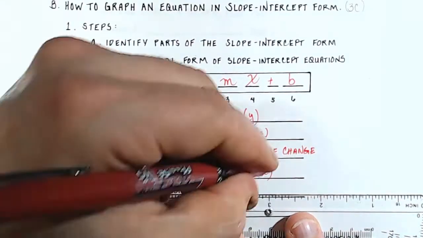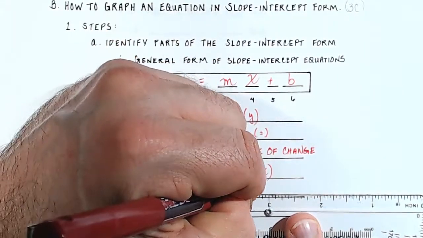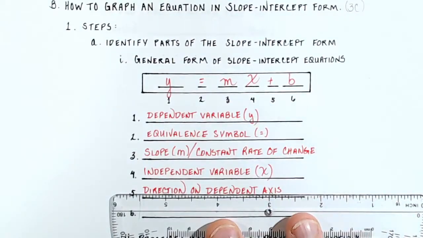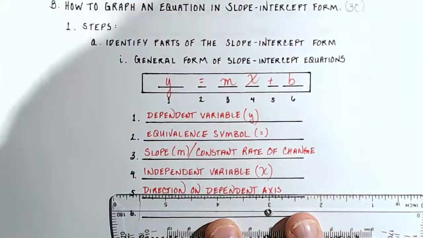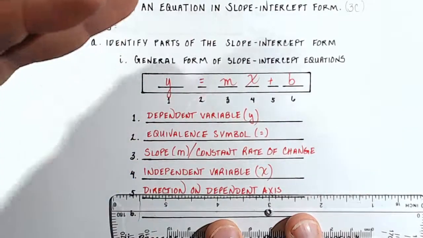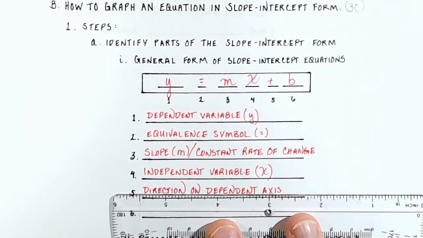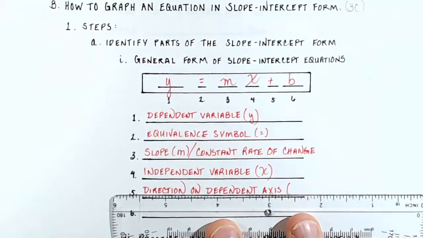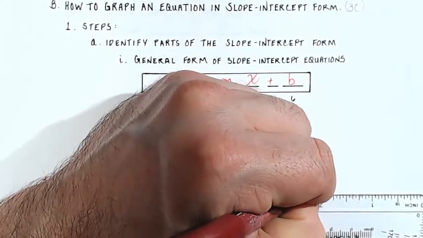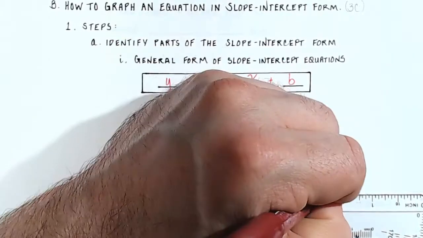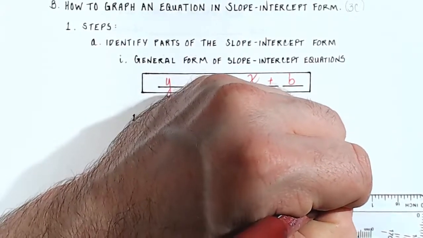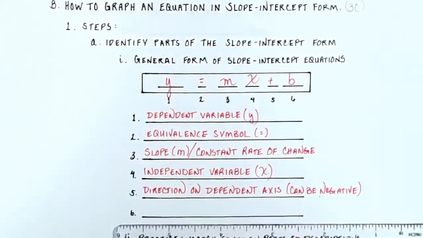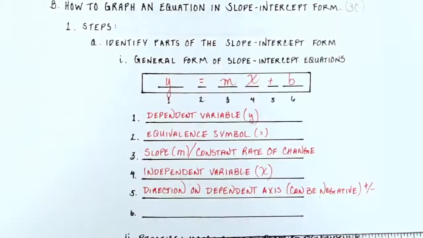In other words, the direction on the y-axis. If it's positive, you're going to be above 0. If it's negative, you're going to be below the x-axis. That's what this means. So we can write in here, in parentheses, can be negative. So it doesn't always have to be a plus symbol. It can be a minus symbol. So really, this is plus or minus.